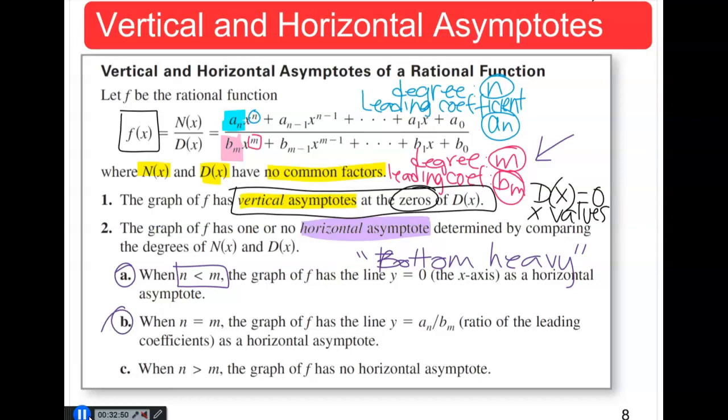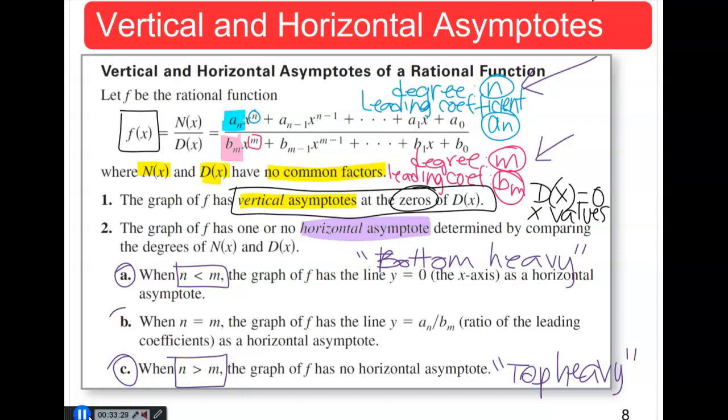The third case is easier: when n is greater than m. In this case, the polynomial in the numerator is greater, so we're going to call it top heavy.